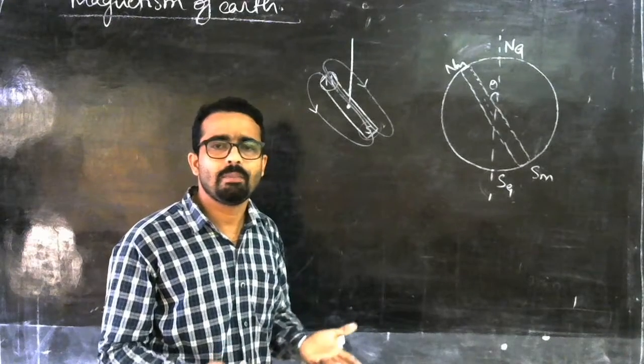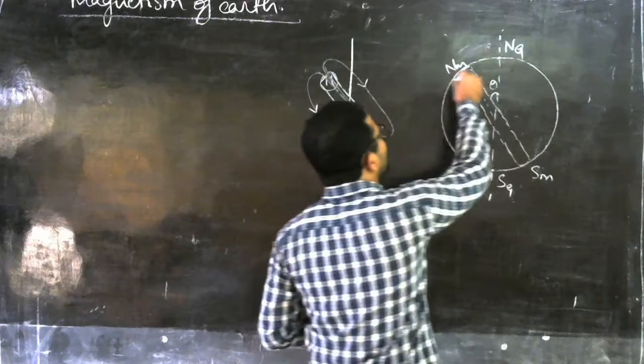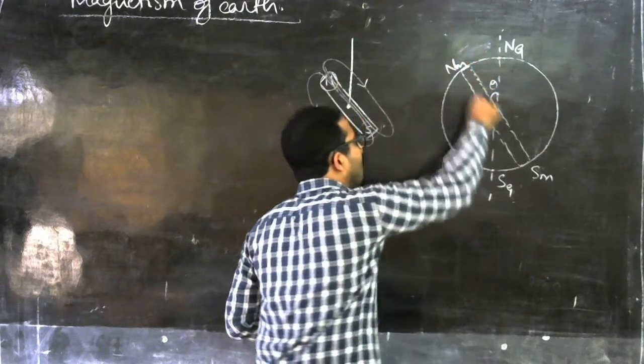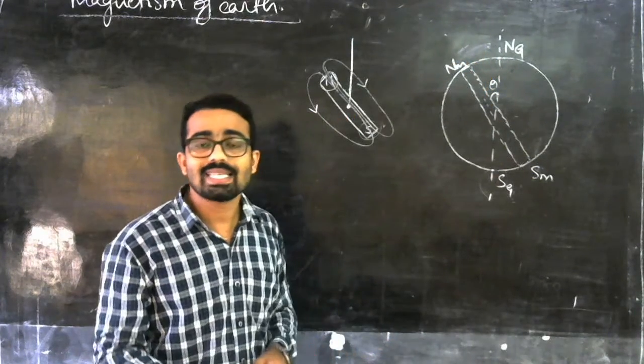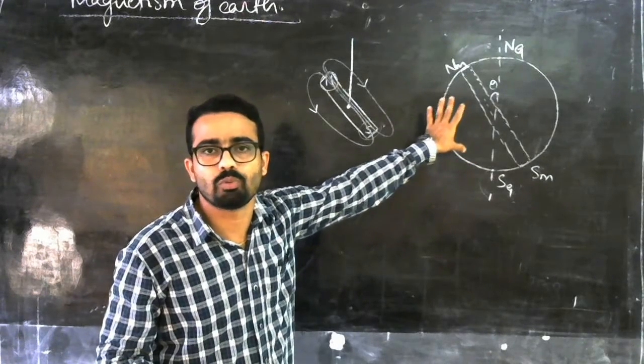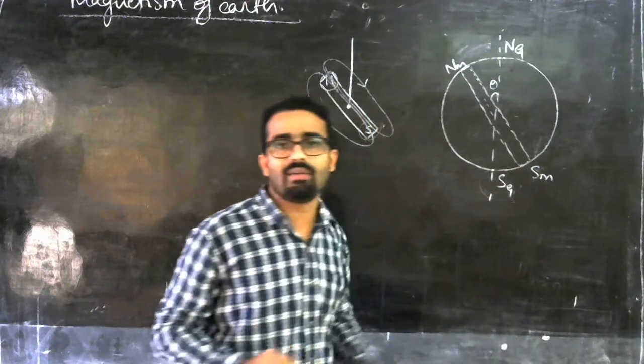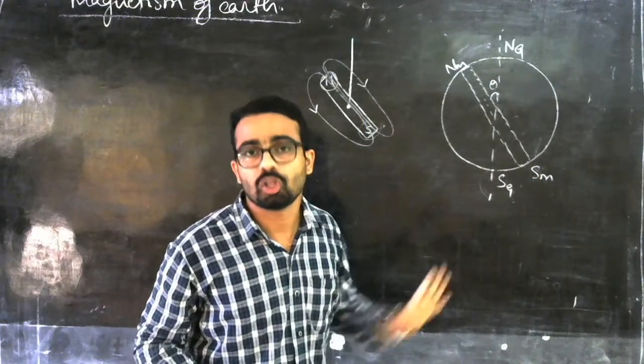Here, the north pole of the bar magnet is aligned in the direction of the north magnetic pole of the Earth magnet, and the south pole of the bar magnet is aligned in the direction of the south magnetic pole. Then, doesn't it repel? The thing is, whatever we have written as the north pole of the Earth magnet will act as a south pole, and whatever we have written as the south magnetic pole will act as a north pole.